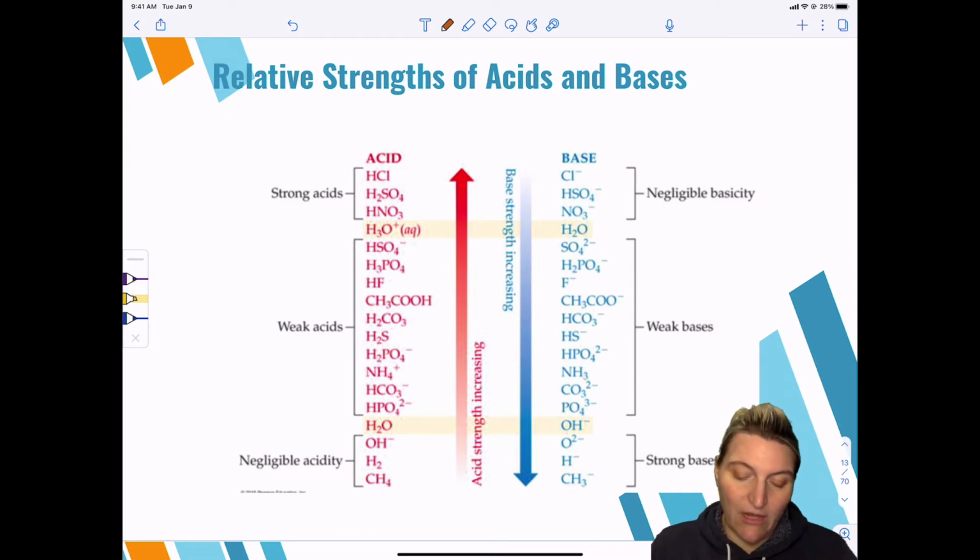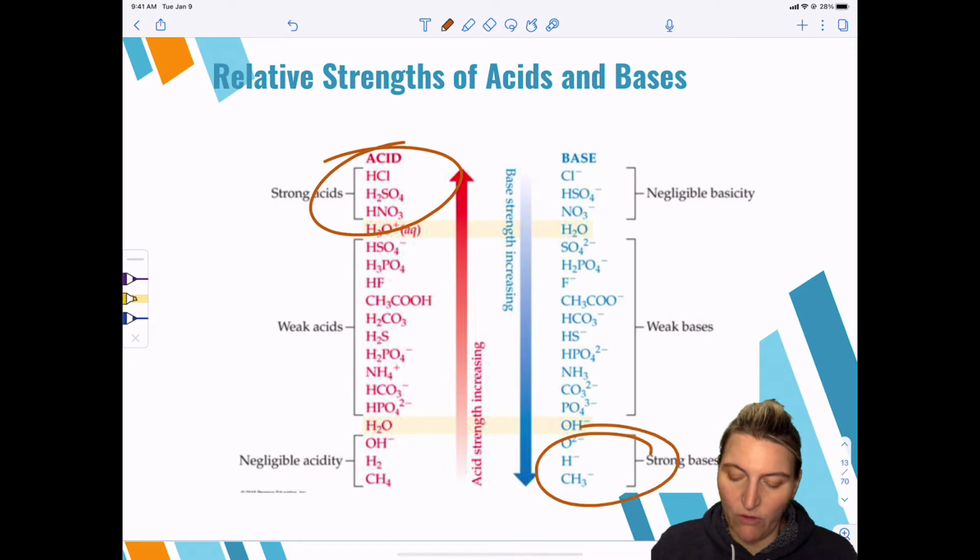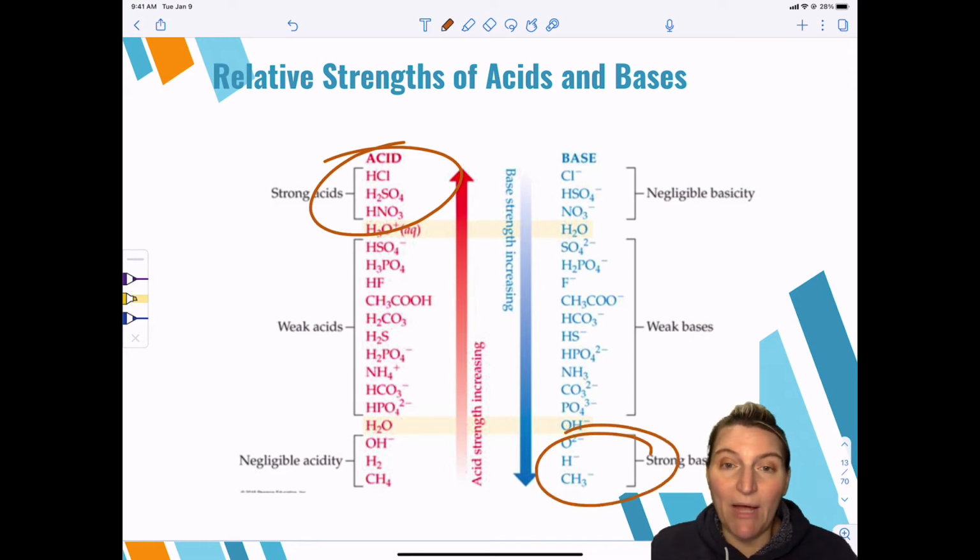Here you can see that there are some strong acids up top and then weak acids down here. So they will give a hydrogen, but they will not dissociate completely. Bases over here are our strong bases. The ones that are weak bases will accept a hydrogen, but once they take it, they're not going to necessarily give it away.